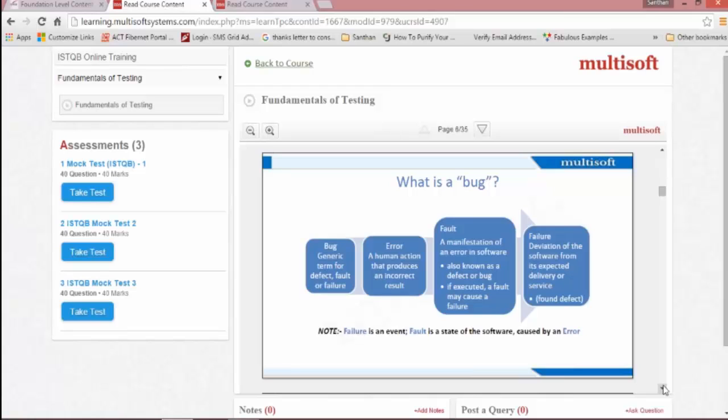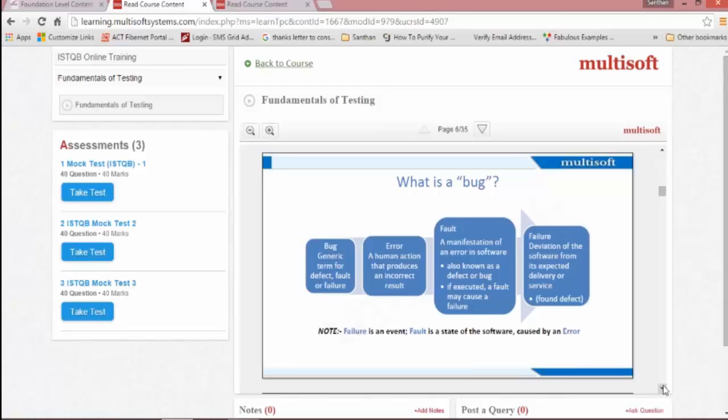So if any test engineer exercises the respective functionality which has that error, obviously that functionality will deviate from its actual behavior. The time when it deviates from its own behavior, that time we call it a defect or fault or bug.